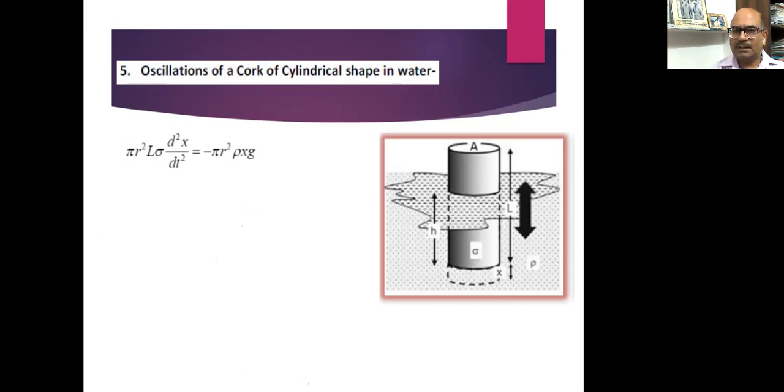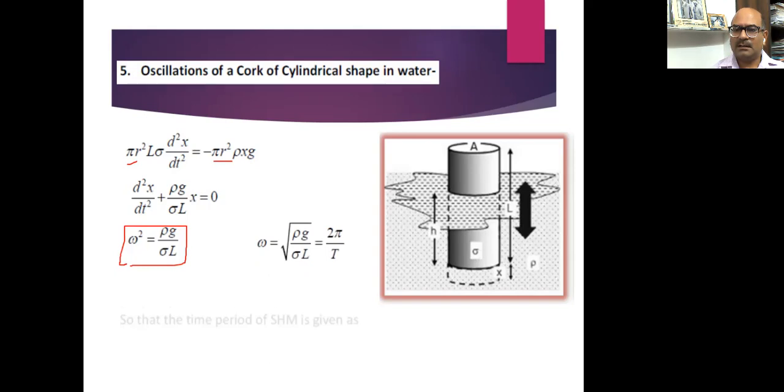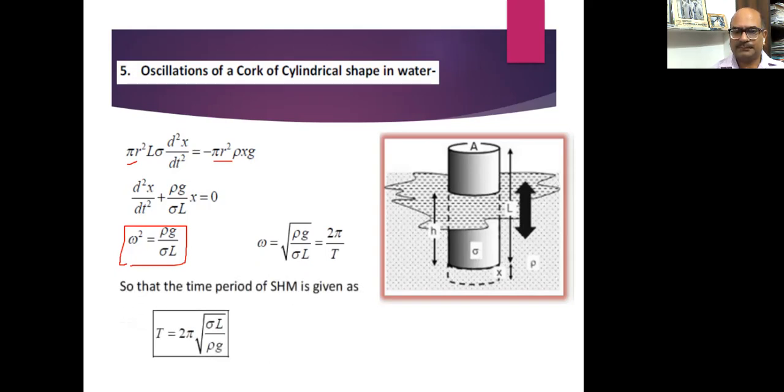So if we solve it, this pi r square and pi r square will cancel, and we will have d2x by dt square plus rho g by sigma L x equals 0. So we can find omega square as rho g by sigma L, and we can find the time period.